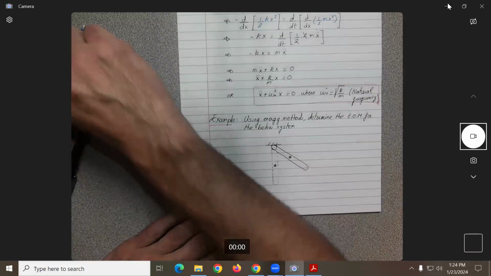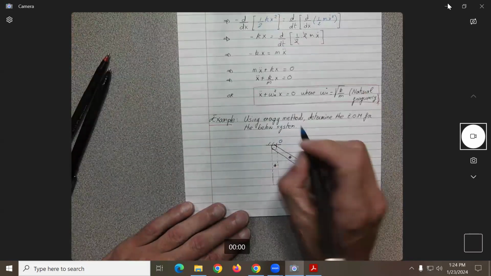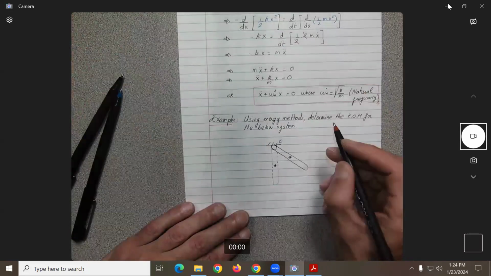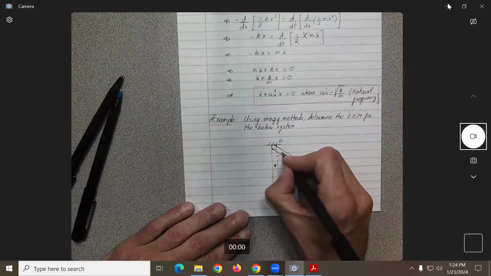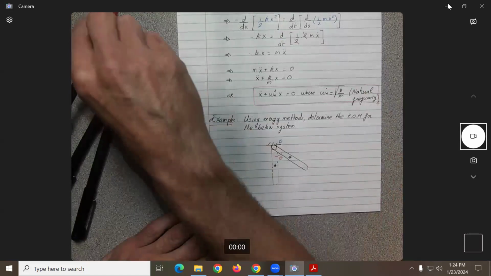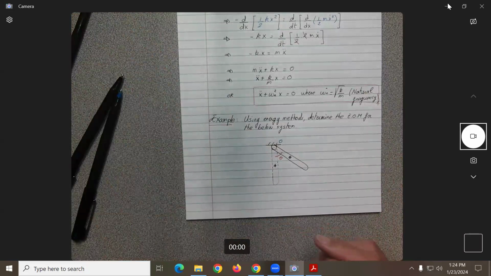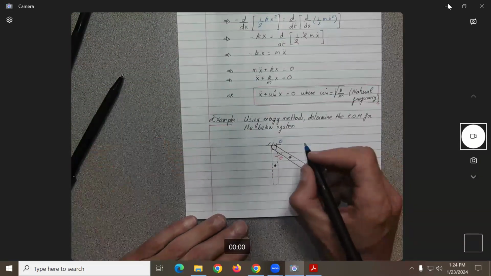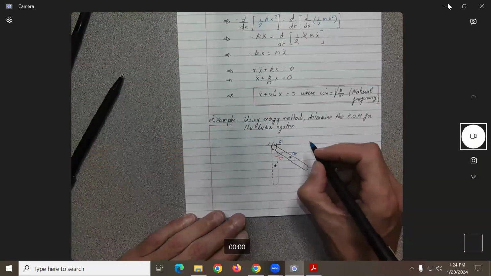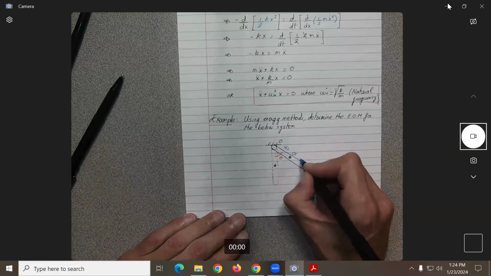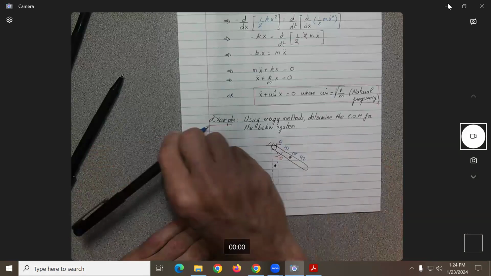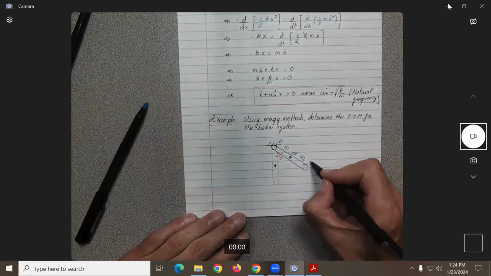Let me call this point over here O. So now the deformation will be in function of what variable? Instead of x will be theta. They say this will be the CG. This will be L over 2, L over 2. And this will have a mass M, okay?